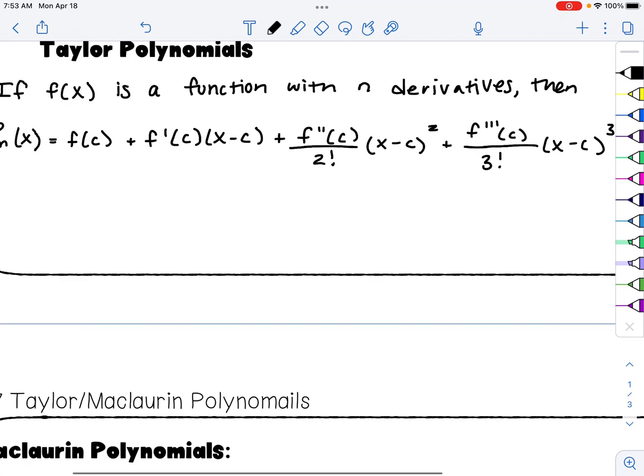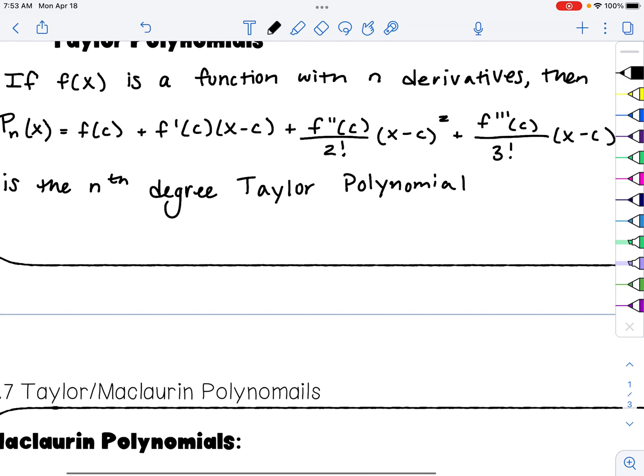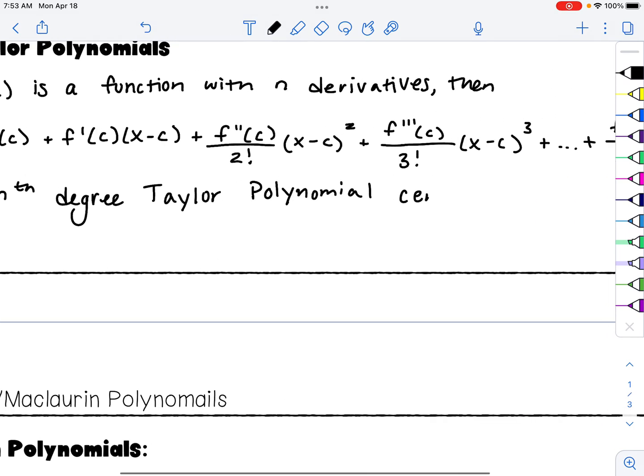This is called the nth degree Taylor polynomial, and it's centered at x equaling c.